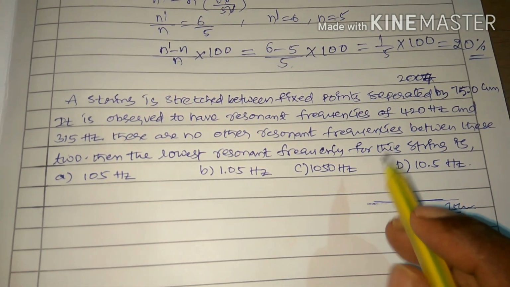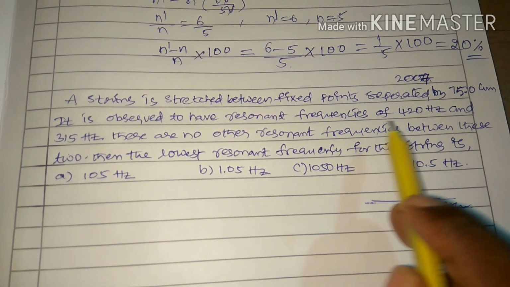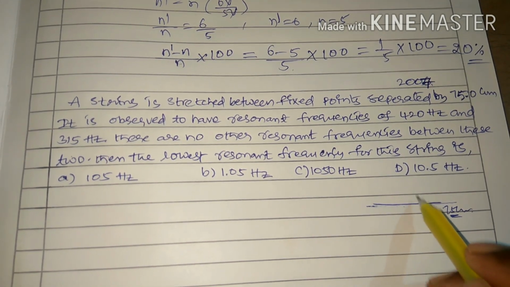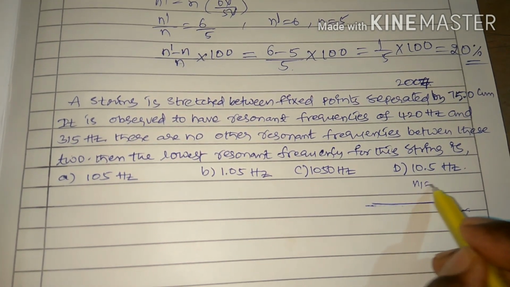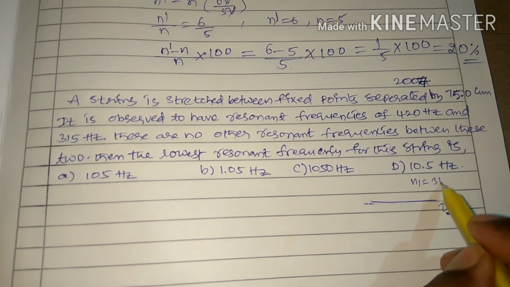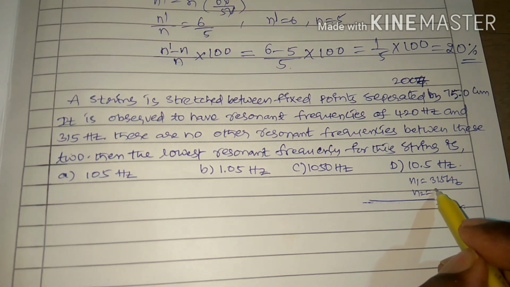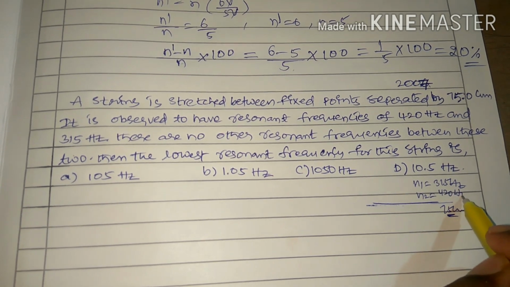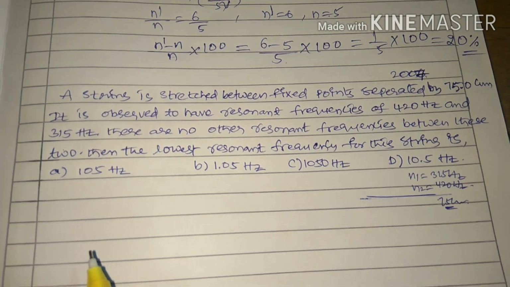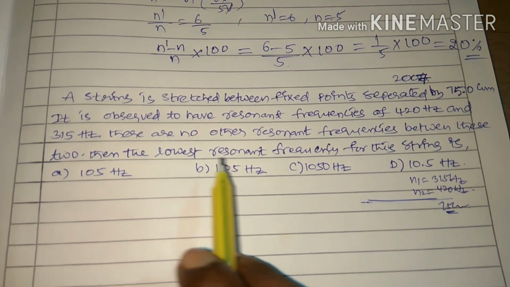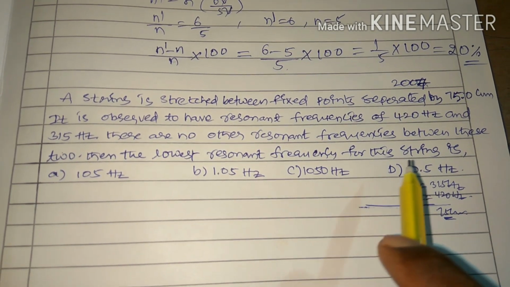Here the first resonant frequency n1 is equal to 315 Hz, and n2 is equal to 420 Hz. We have to find the lowest resonant frequency for this string.